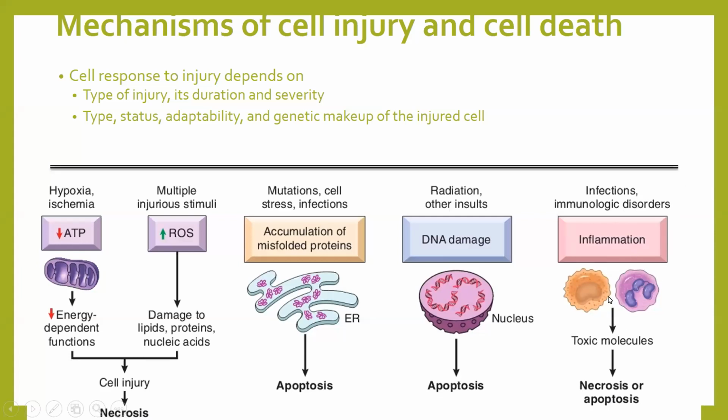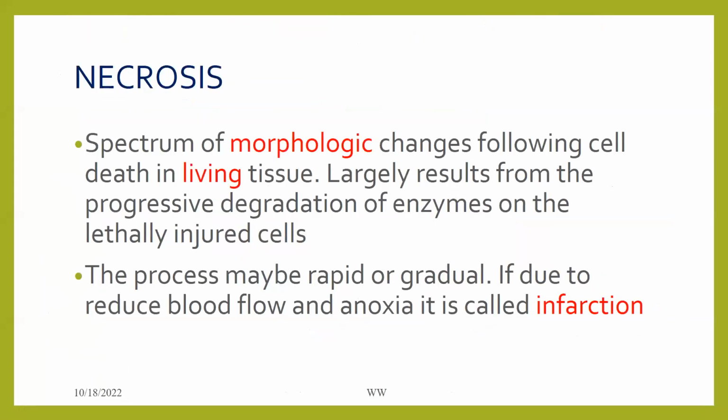The cells produce cytokines, which are damaging to the surrounding cells, and these are usually the lymphocytes and the leukocytes. They produce toxic molecules that damage the cells and lead to death or apoptosis.